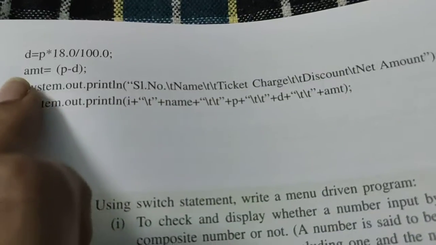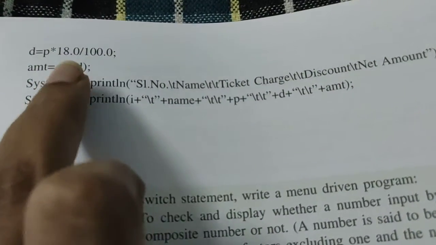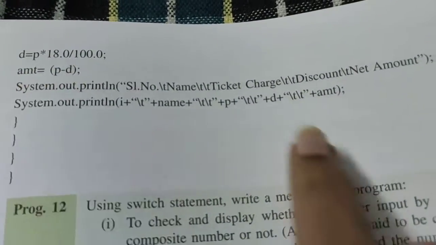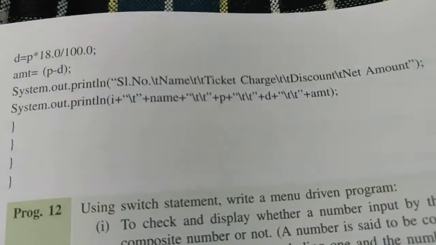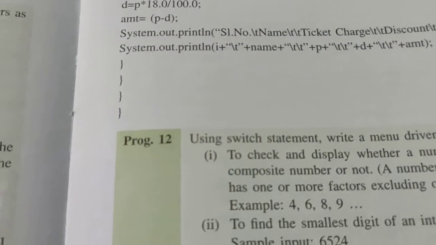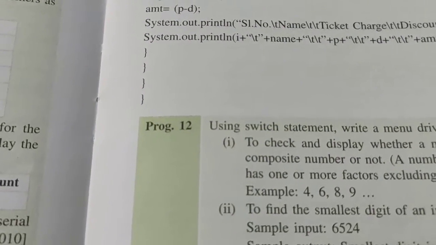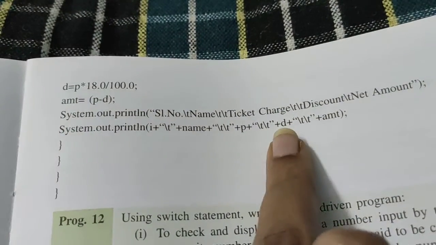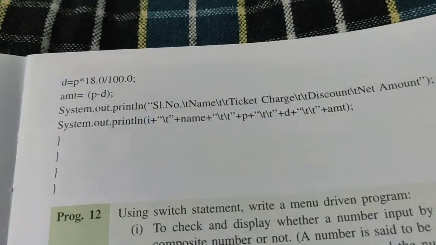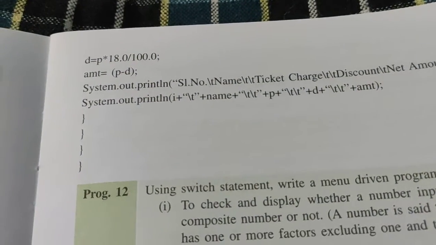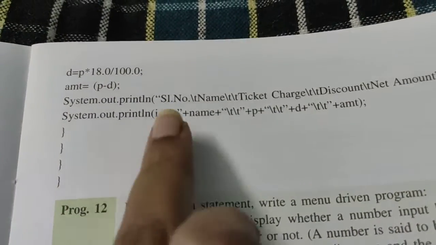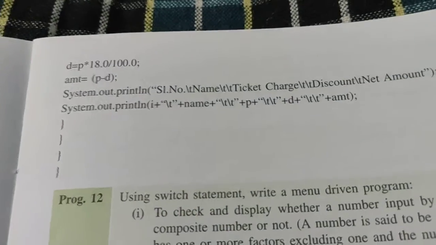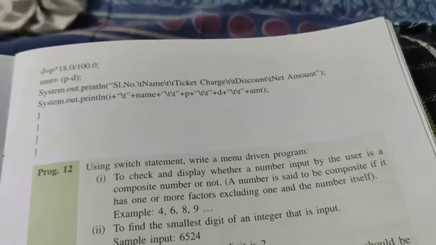And the net amount you are calculating here, subtracting the discount from the original price, that amount will be displayed. For each and every iteration you will get the input, calculate, and print it out here. So you will be getting 15 customers' names and the amount to be printed.